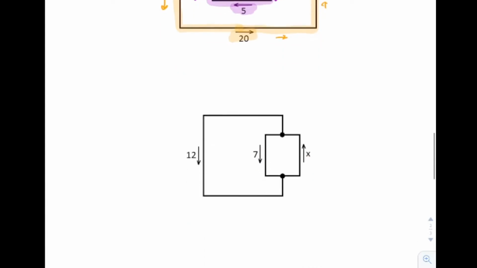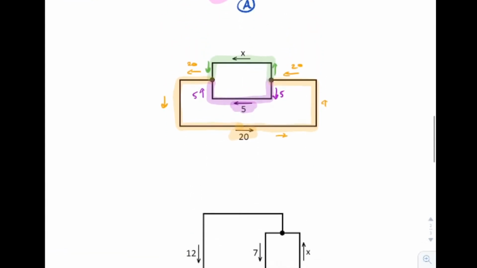So now you pick a junction. Doesn't matter which one. I'll pick this one and call it my junction A. At junction A, what goes in must come out. So what's coming into junction A?